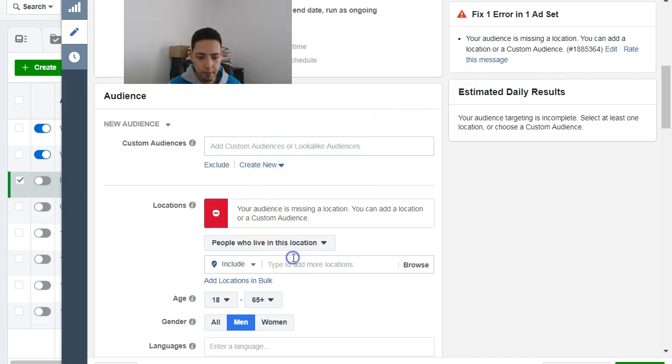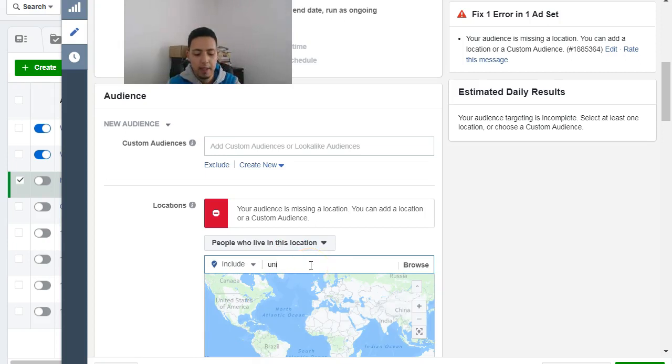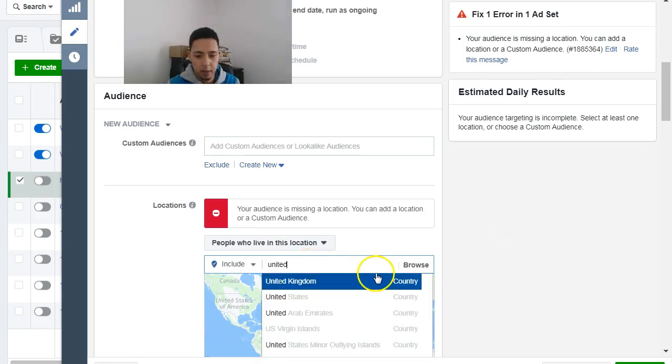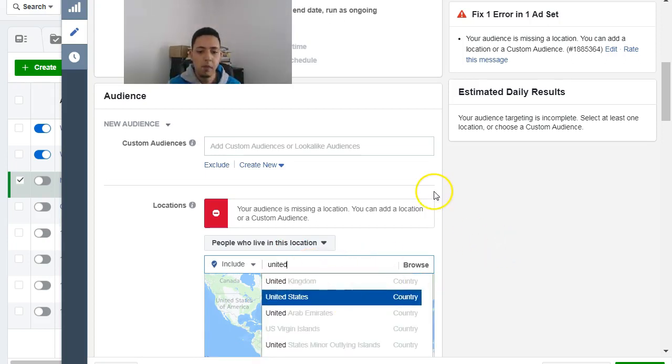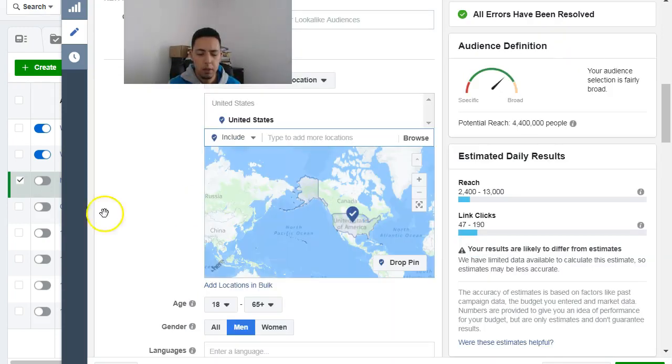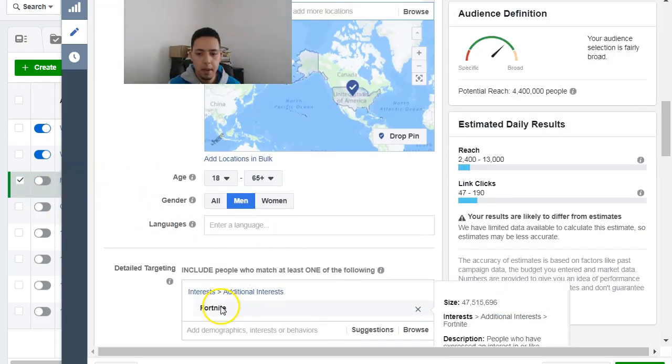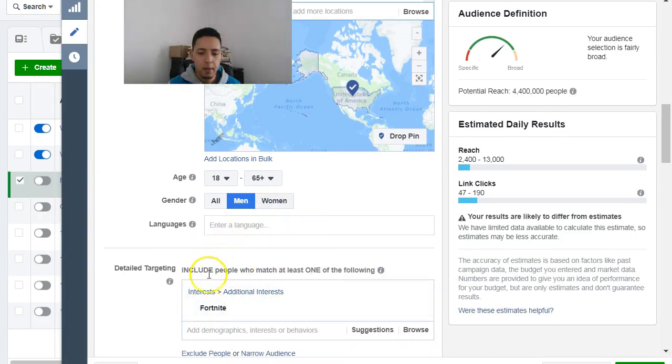Location. You also want to test out locations, by the way. Locations is important. So we've got United States, men, people who like Fortnite. See, look, it went from 47 million people down to like 4 million when I narrowed it by age. So there's a lot of 8-year-olds playing this game.